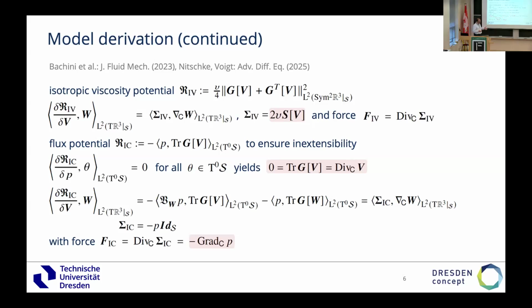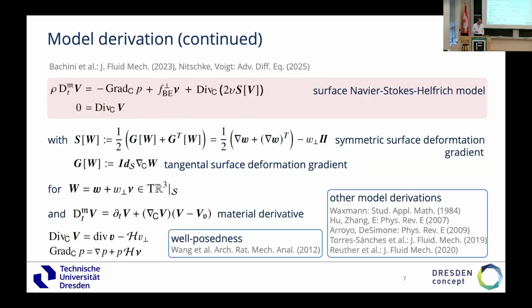Now, putting everything together and taking into account that our time integral was arbitrary, and we did the variation with respect to all possible variations, we end up with a strong form of the equation we would like to solve. That's this surface Navier-Stokes Helfrich model.